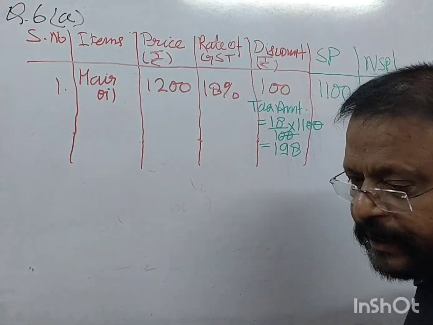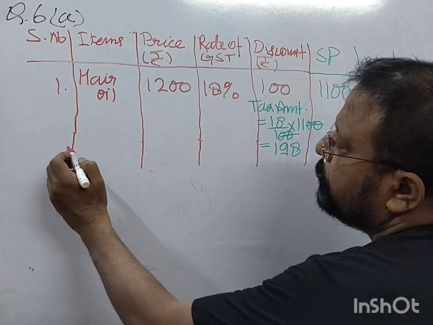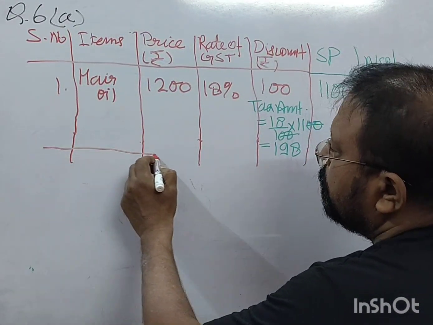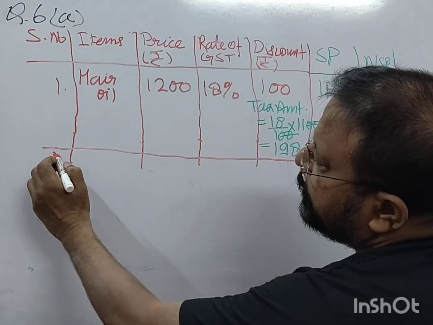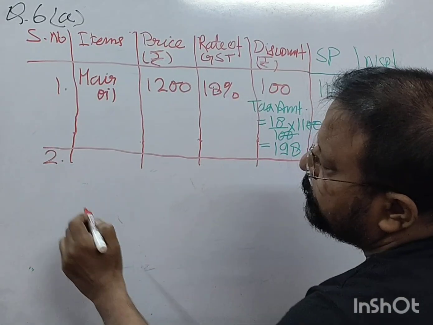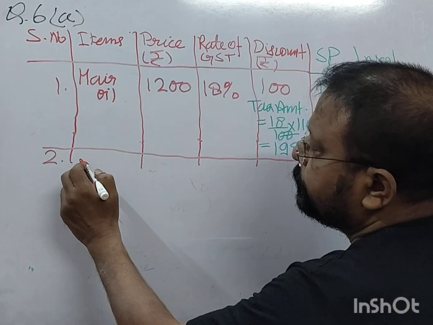And in second, what happens? Second is Cashew nuts.